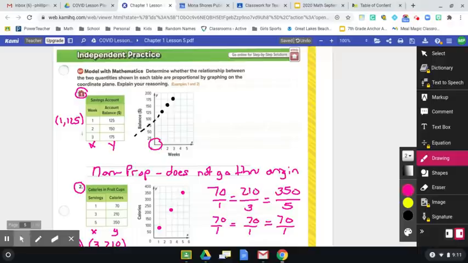You know, the other way you could have checked is you could have looked at the ratios in the table to see if $125 in 1 week was going to be equivalent to $150 in 2 weeks, and if that was equivalent to $175 in 3 weeks. And it's not. It's not going to work out. So these end up being ratios that are also not equivalent to each other.